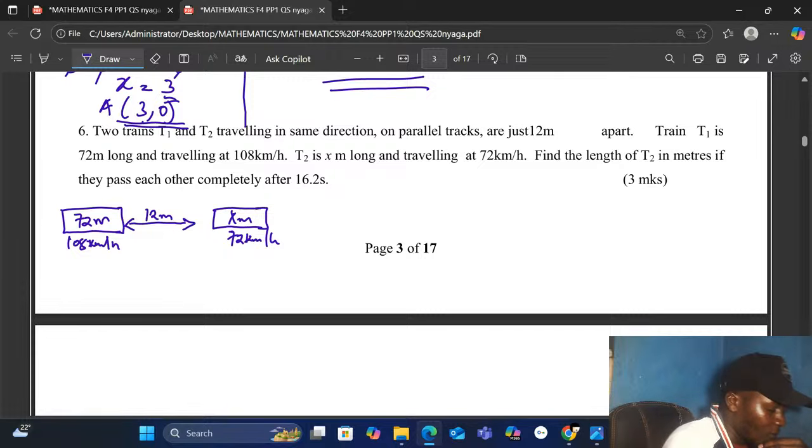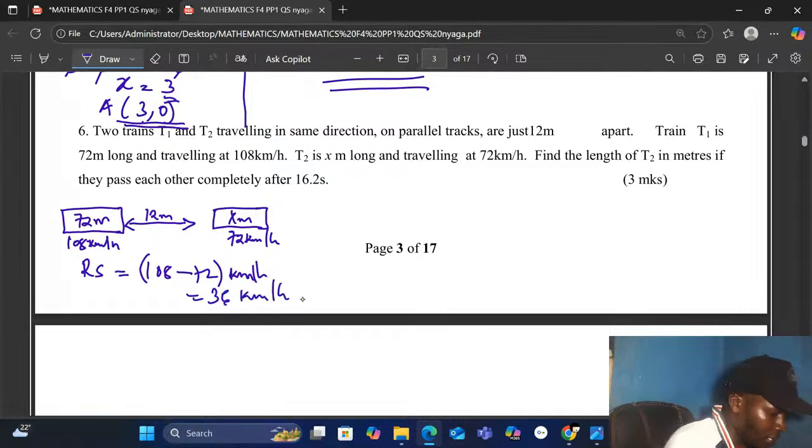So that we can now look for the relative speed of the two. So we shall have 108 minus 72 kilometers per hour, which is 36 kilometers per hour. That will be equal to 10 meters per second.